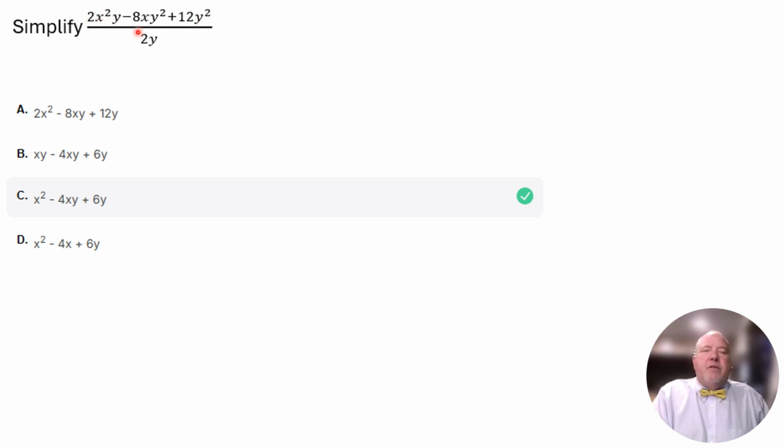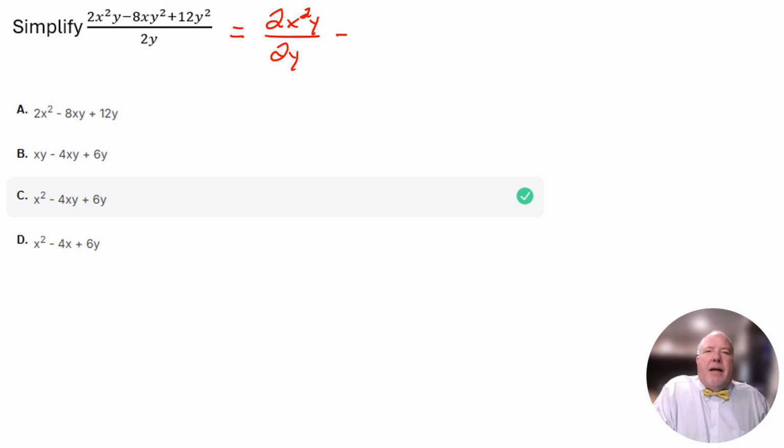So what we're going to turn to now is the division part. And this divide by 2y is really each of these three terms divided by 2y. So I'm going to write it out that way to make it clear. I'm going to take each of the top terms in the numerator. So I'm going to take the 2x squared y, and divide that by 2y.